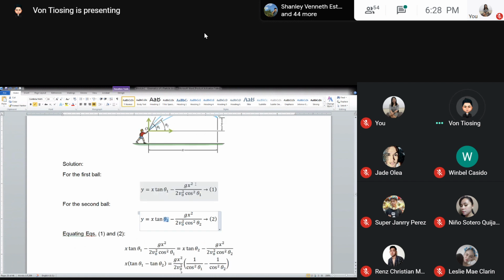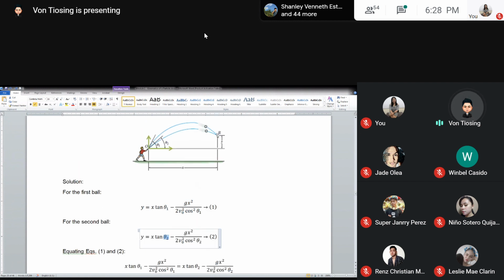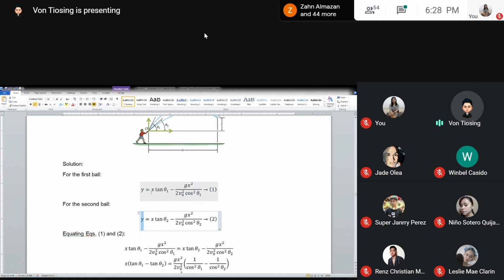Okay? But still, they have the same coordinate sa point B na x, y. Kaya equal itong x nila, tsaka yung y. Okay? So, since they have the same value of y, we can equate this one to this one.